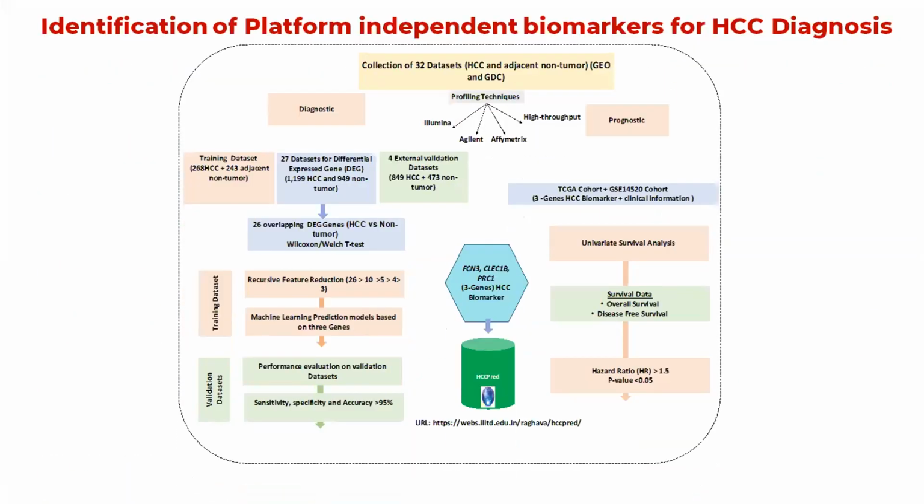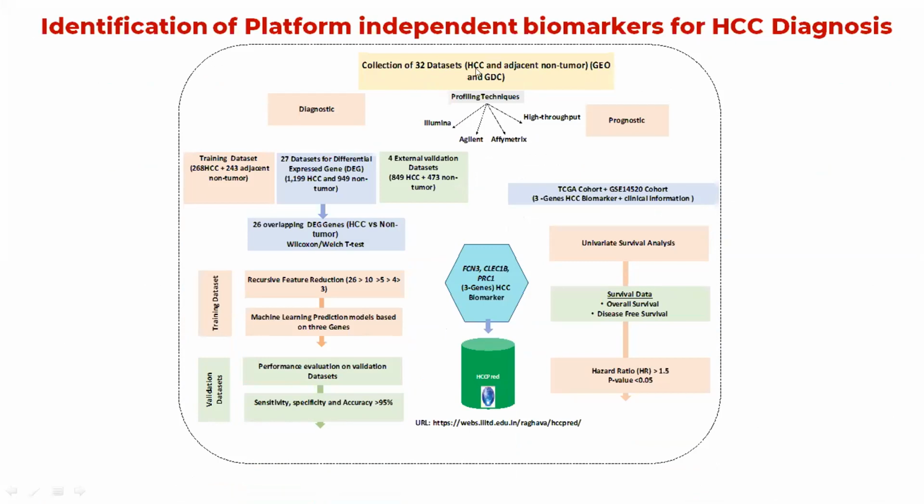So first, in the first question, we have tried to identify transcriptomics biomarkers that can predict HCC from multiple platforms. For this, we have collected 32 datasets from the public repositories, that is GEO and the GDC data portal.